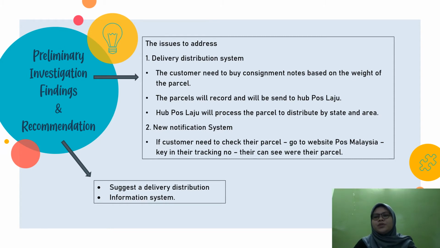The Hub Pos Laju will process the parcel to distribute by state and area. Based on the initial investigation with Pos Laju, a few recommendations would be carried out. First, we suggest a delivery distribution system and information system.